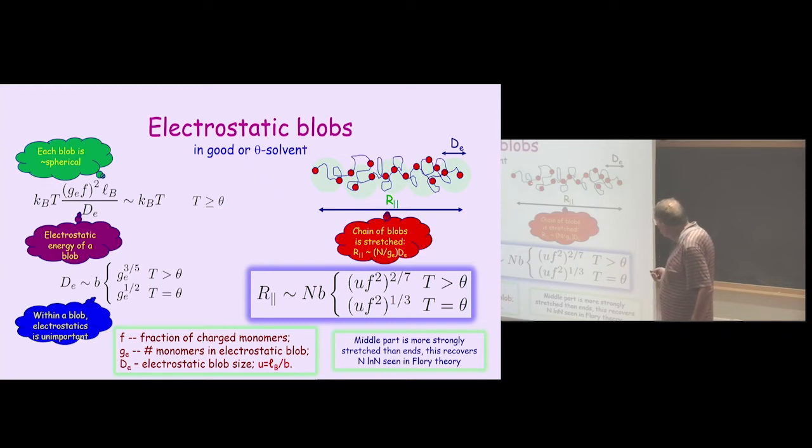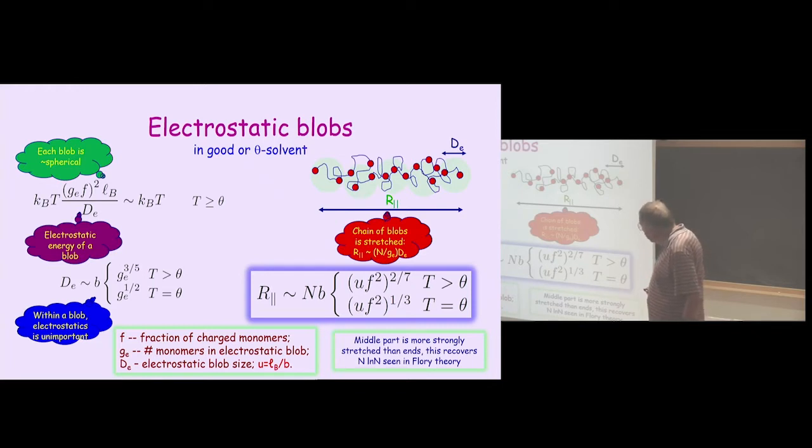We can imagine a piece of a chain whose electrostatic energy is just about kT. And electrostatic energy, how do we write it? Square of charge, times Bjerrum length, divided by the size of this blob. And here is your kBT.